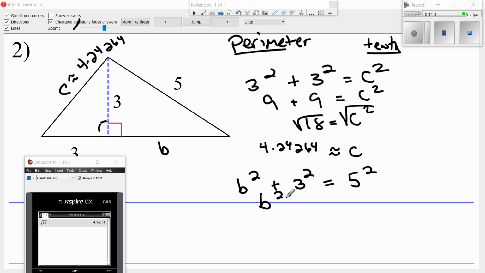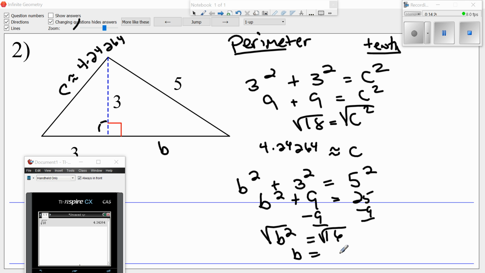So B squared plus 9 equals 25. Subtract 9 to get B squared by itself equals 16. Square root, B will equal exactly 4. So I don't need my approximate symbol here.